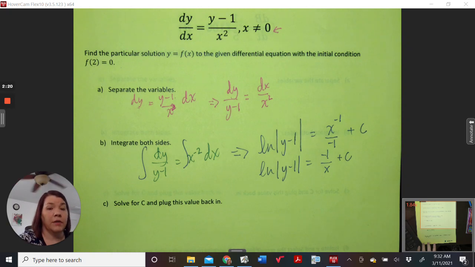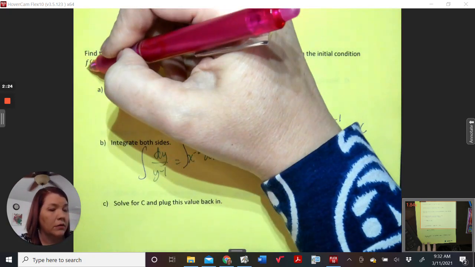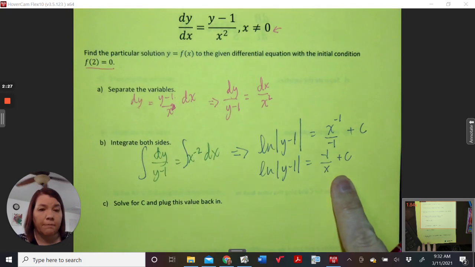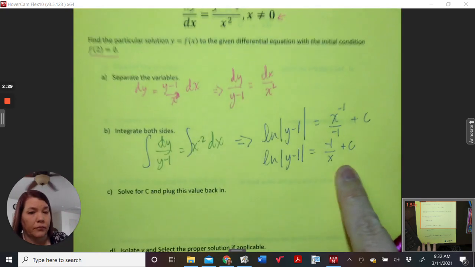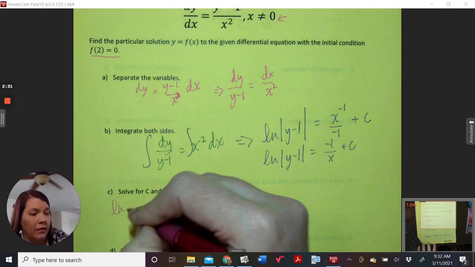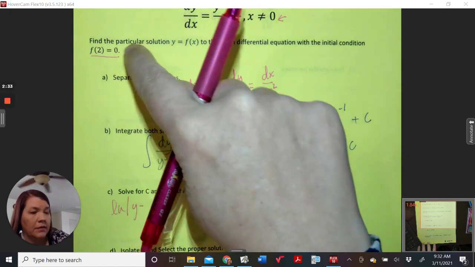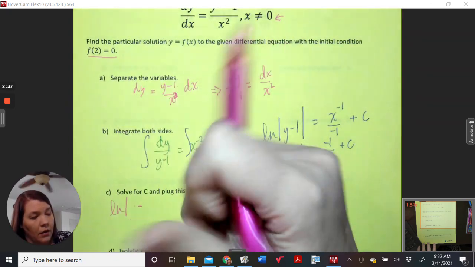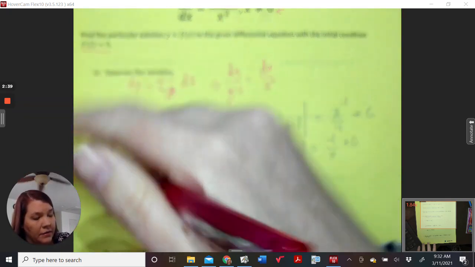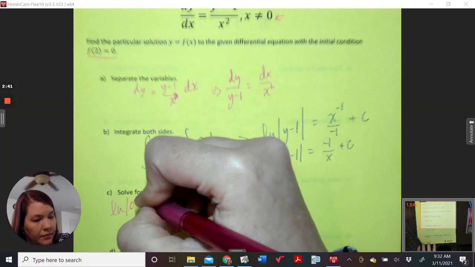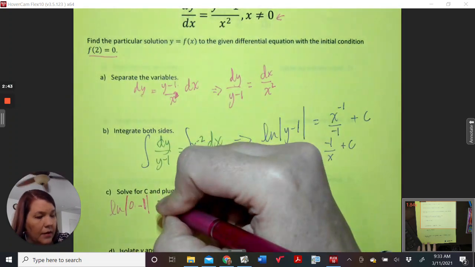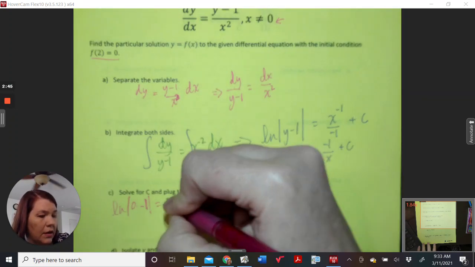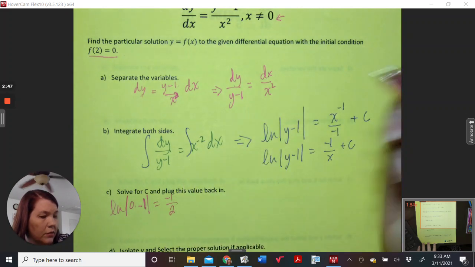Solve for c and plug back in. So we're going to take our initial condition and solve for c. So we have the ln of y minus 1, y is 0, equals negative 1 over 2 plus c.